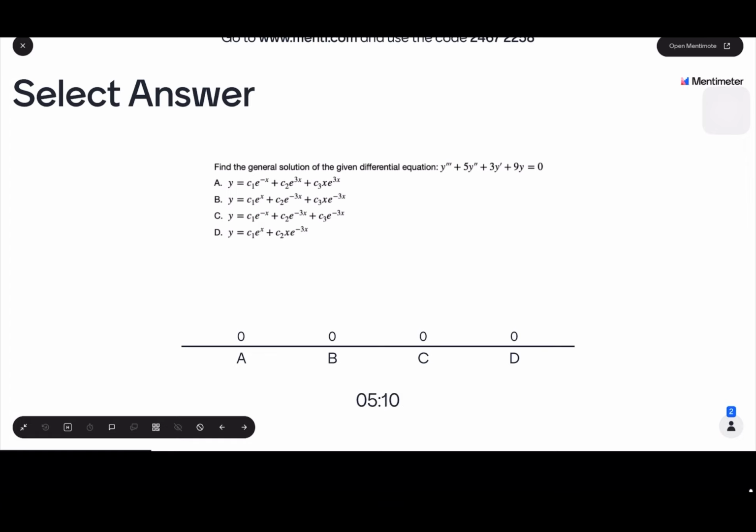We have m cubed plus 5m squared plus 3m plus 9. Okay. First, you can check the possible roots. Plus minus 9, plus minus 1. So plus minus 9 becomes plus minus 1, plus minus 3, plus minus 9. That's all the roots that might have been an answer. You can check all of it.